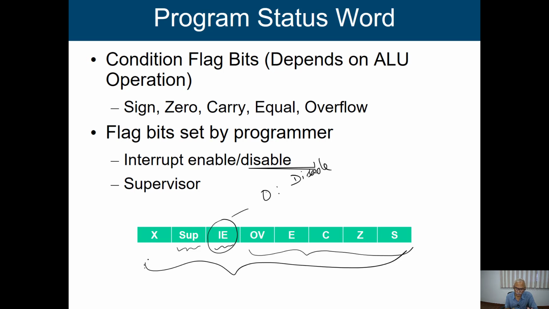Now in this particular way, we are going to keep the information, and we are going to use that information while designing some instructions. Now I can give you an example. How will overflow happen?